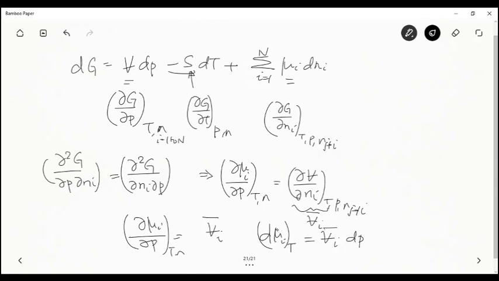Okay, so this is a method which tells you that there can be an evaluation of mu_i using this expression. So if I integrate this expression from a certain reference state to the current state, I'll get mu_i minus mu_i reference, equal to the integral from p_ref to p of V_i bar dp.